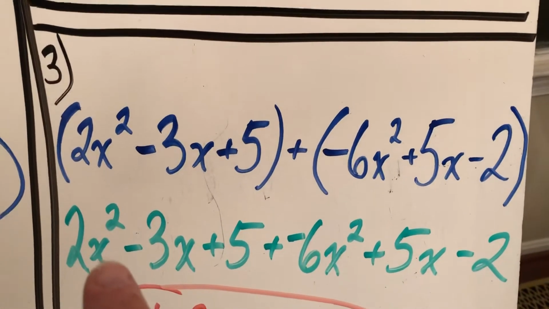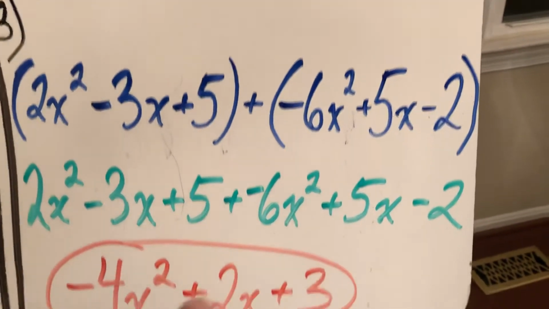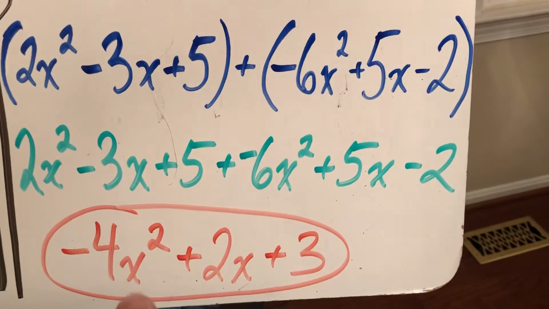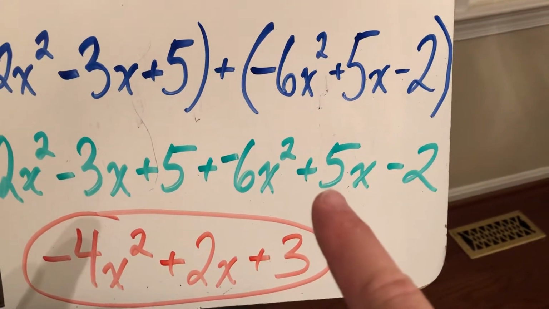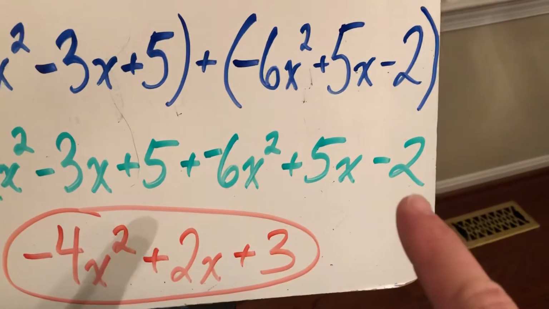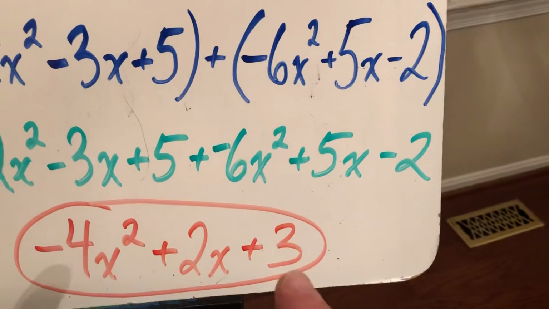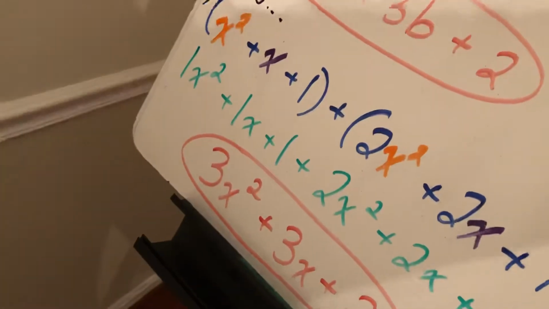What's 2x squared and negative 6x squared? That's negative 4x squared. What's negative 3x and positive 5x? Positive 2x. What's 5 and minus 2? Positive 3. Done. Okay. Next case.